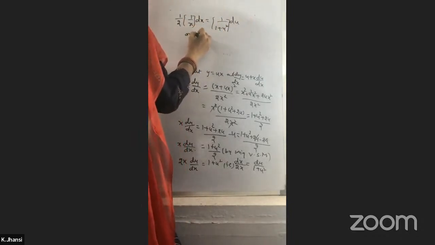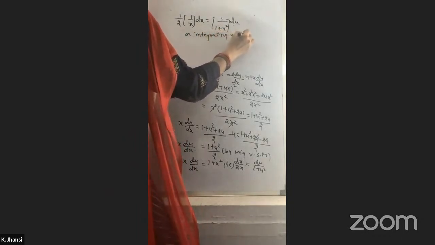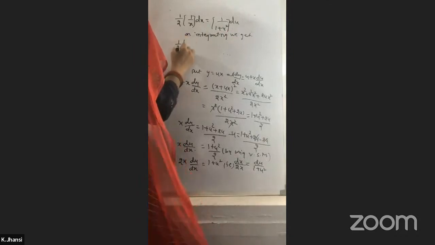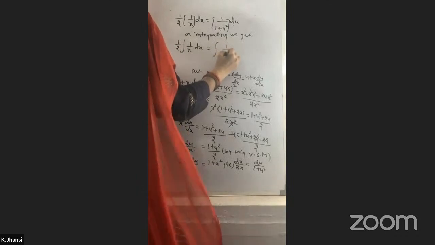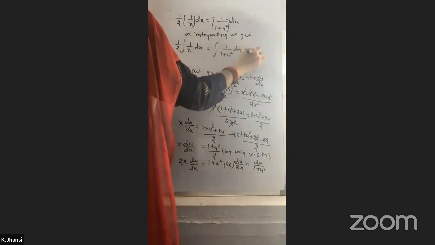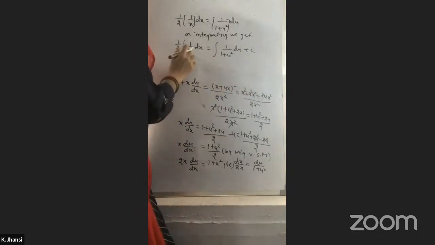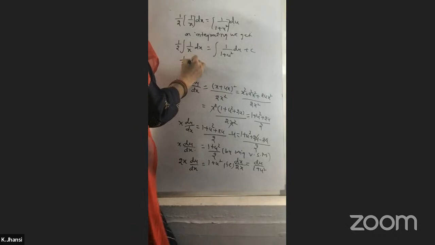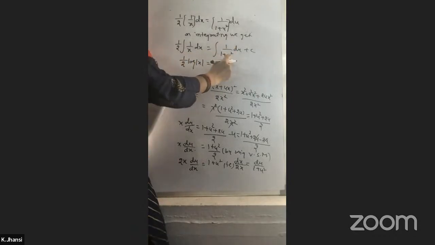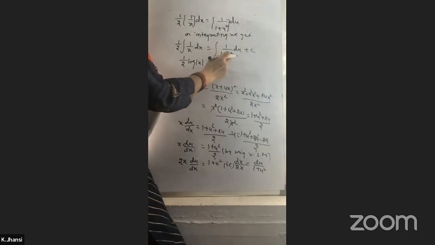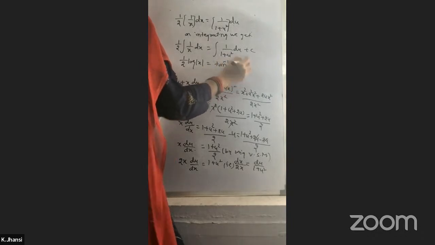Now on integrating, we get 1/2 times the integration of (1/x) dx is equal to the integration of 1/(1 + u²) du. So now on integrating, 1/x gives log x, is equal to, it is in the form of 1/(1 + x²), and the integration of 1/(1 + x²) is tan⁻¹x, that is tan⁻¹u plus c.